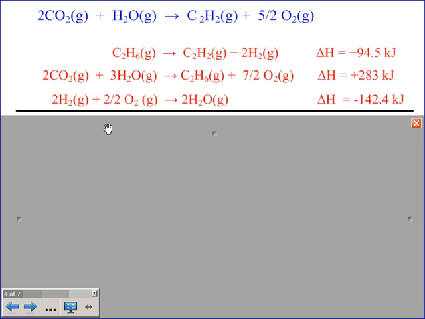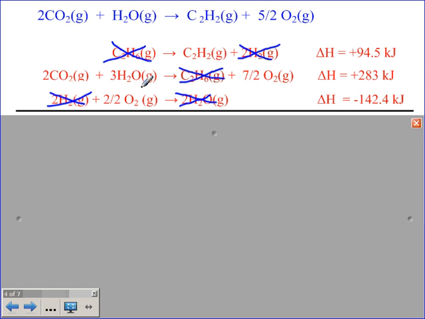Now the first time we did it, we added it together and then I showed you the canceling. But that can get pretty long. You can see there are 5 different chemicals just on the reactant side, and another 5 different chemicals on the product side. And a lot of them are going to cancel out. So we can cancel out right here and now. We can simply say, look, C2H6, here it is on the left side, here it is on the right side, it's gone. 2H2, there it is on the right side, here it is on the left side, it's gone. 2 waters, 3 waters.